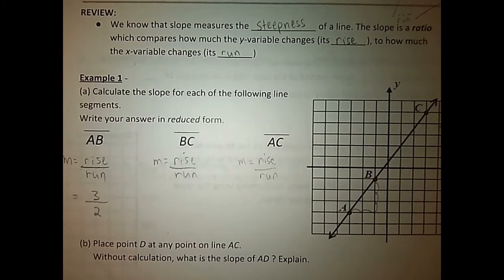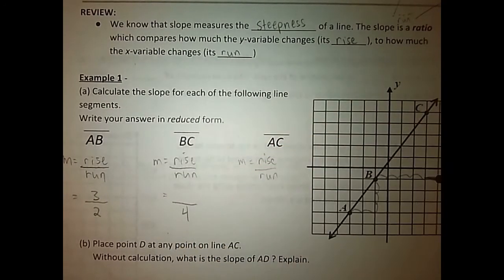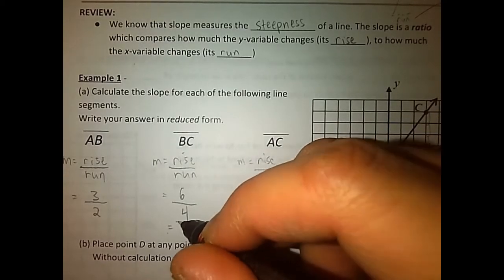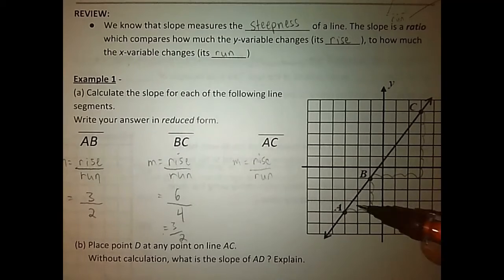For BC, my run is 1, 2, 3, 4, and my rise is 1, 2, 3, 4, 5, 6, which if I reduce this, I get 3 over 2.